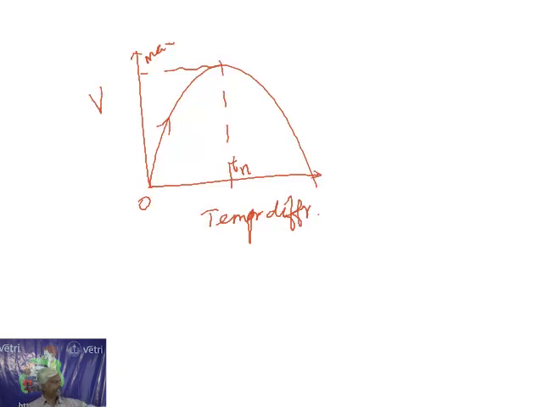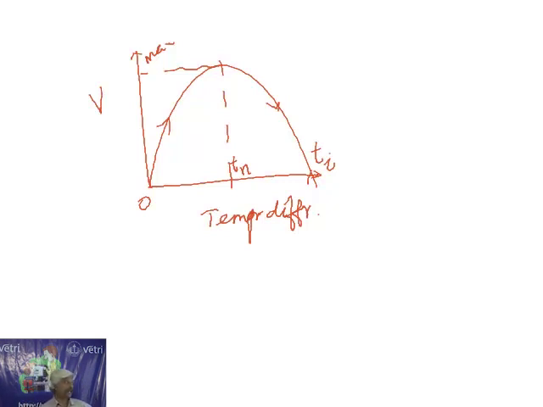If you increase the temperature difference beyond the neutral temperature, the thermo EMF starts to decrease. At a particular temperature difference, the thermo EMF becomes 0. This temperature is called the temperature of inversion.